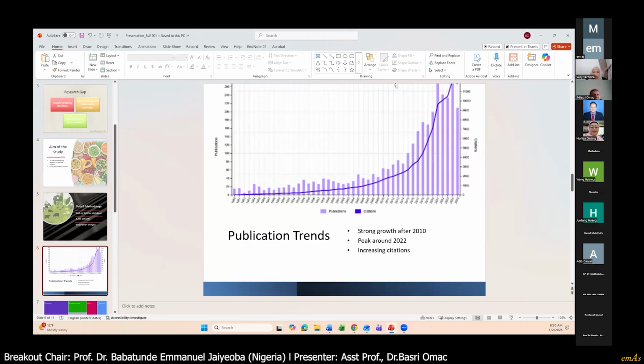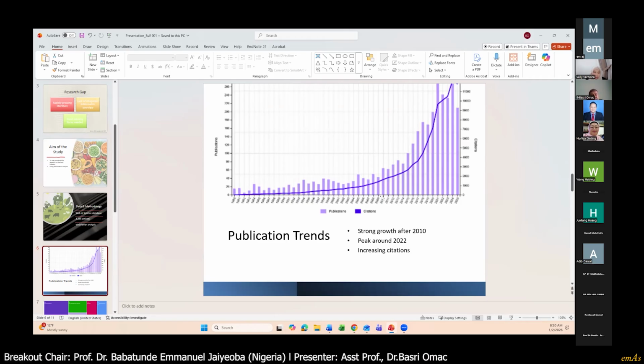When you look at this figure, you can see the publication trend increased after 2000, and especially after 2010 and 2015, this increase is sharp.